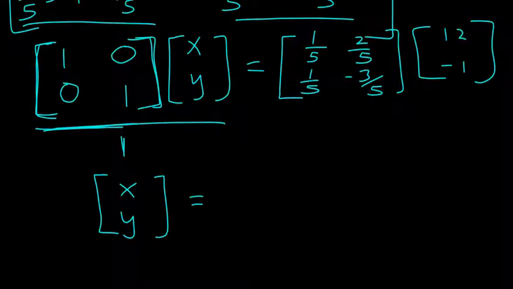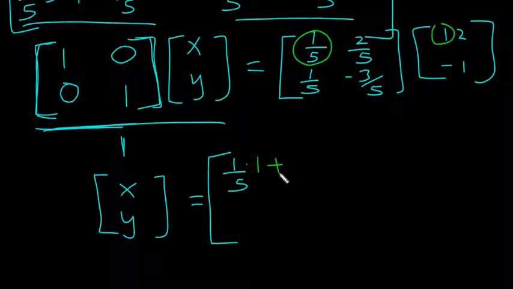So let's multiply the right hand side of this equation. We're going to have a fifth, and we multiply by, oh sorry, we're going to multiply by 12. This is not 1 but 12, I'm sorry for that.